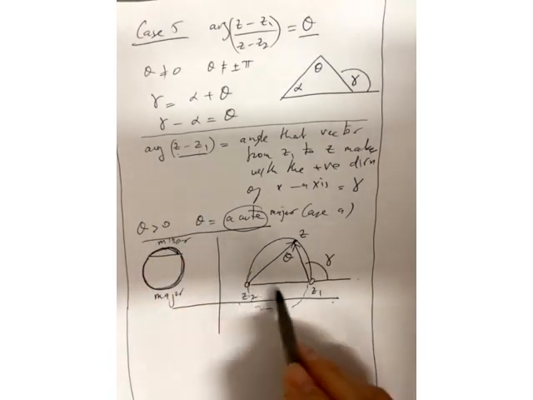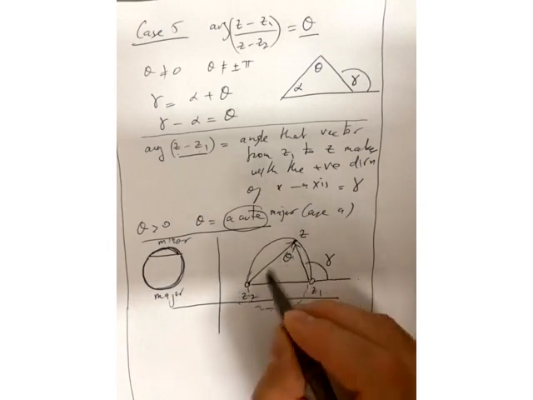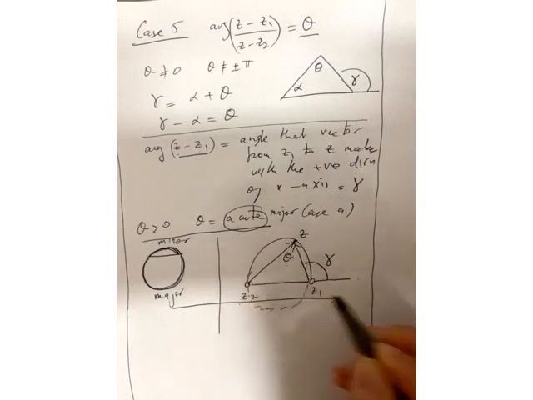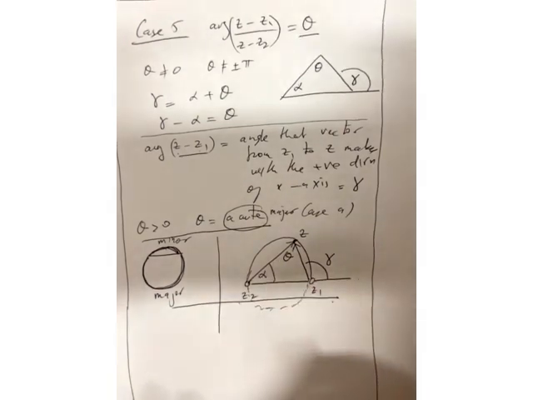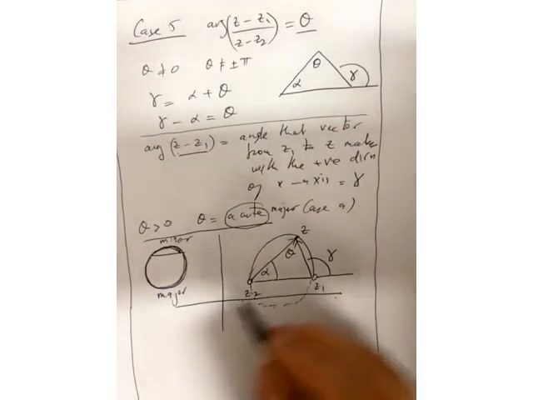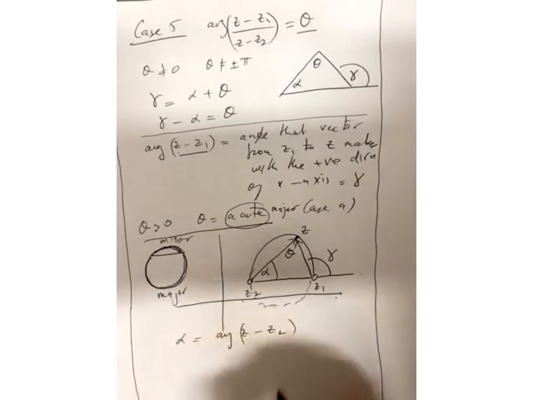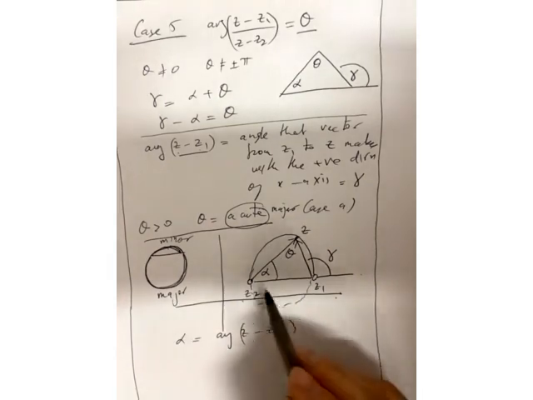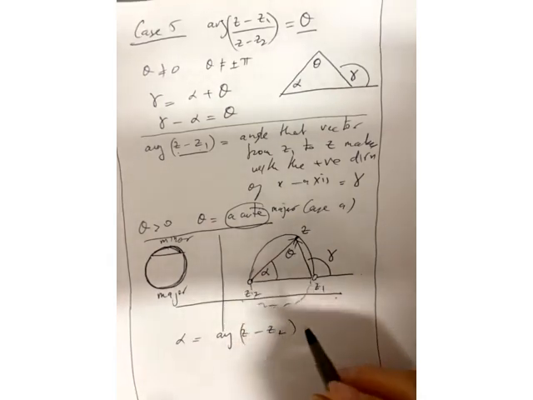What is arg(z minus z2)? That would be the angle that the vector from z2 to z makes with the positive direction of the x-axis, which is this angle here, and I'll call it alpha. So alpha is arg(z minus z2) by definition.